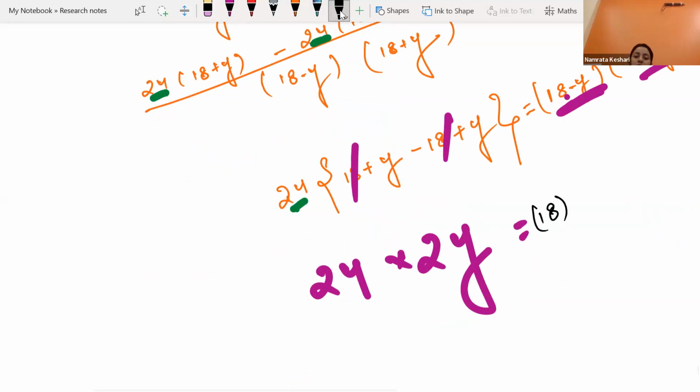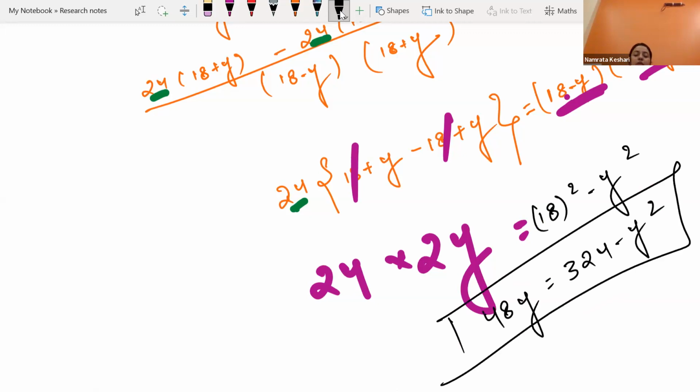Can you see it is quadratic form, which you have to solve further? 18 square is 324 minus y square, and 24 times 2 is 48y. So this is what we ended up getting, which you have to solve for finding the value of y. Is it crystal clear to all of you? Yes.